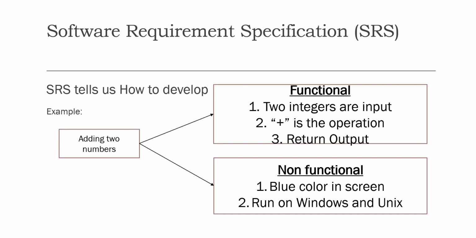Then we are going to discuss the difference between BRS, SRS and FRS, that is the functional requirement specification. Actually, as I told prior also, BRS is a very high level document.